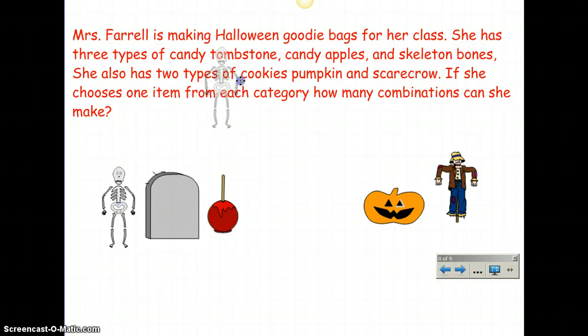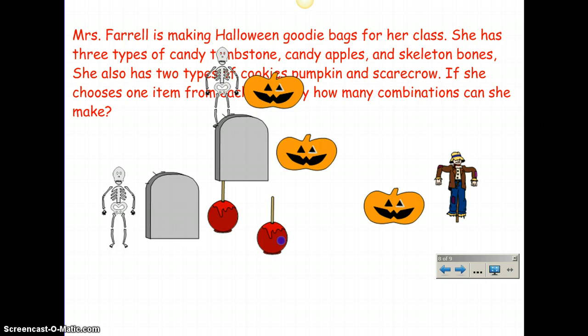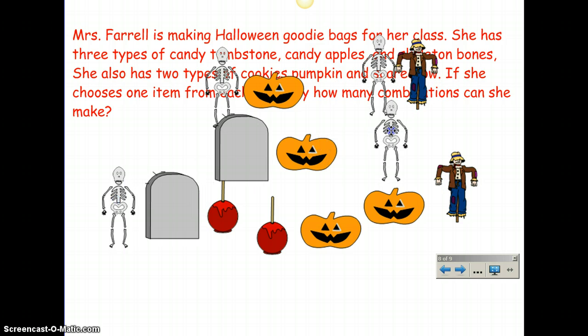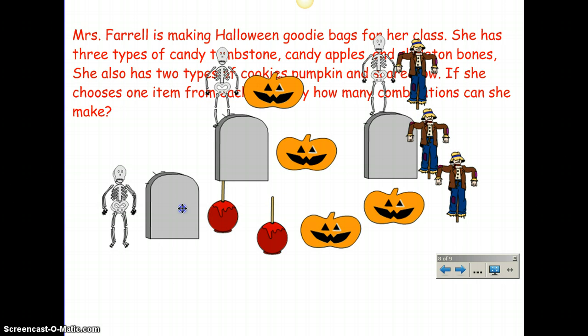So I can make skeleton, pumpkin cookie, tombstone, pumpkin cookie, candy apple, pumpkin cookie, skeleton, scarecrow, tombstone, scarecrow. I'm sorry, let me start that one over again.